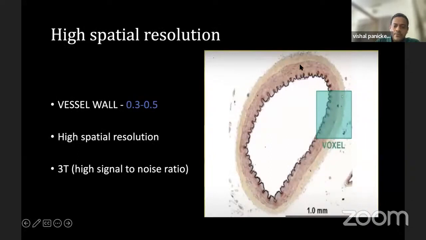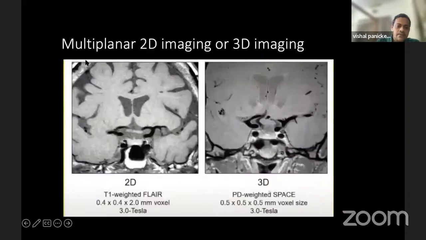The intracranial vessel is small, only 3 mm to 5 mm in size, and the vessel wall is one-tenth of that, 0.3 to 0.5 millimeter. So we need high spatial resolution, with 3 Tesla being ideal, which has a high signal to noise ratio, and multiplanar 2D imaging or 3D imaging with reconstruction.